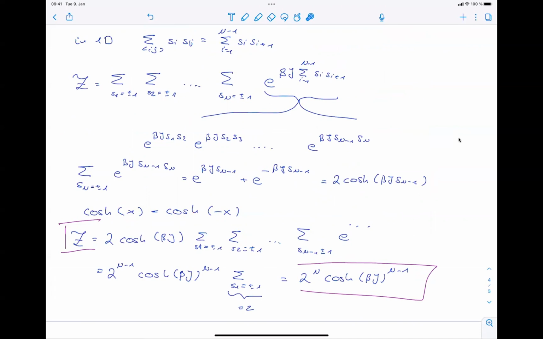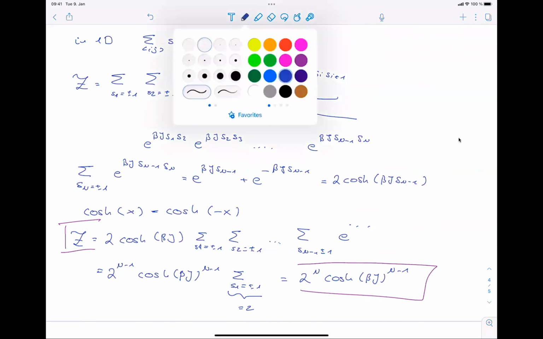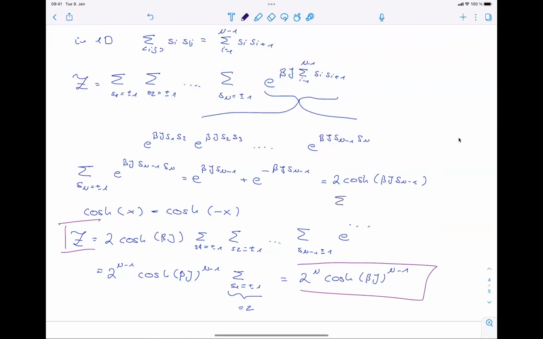This is true because the hyperbolic cosine is a symmetric function over the origin. If you want, a line that's missing would be writing down: I'm considering now Sn minus 1 equal plus minus 1, e to the beta J Sn minus 2 Sn minus 1, and in principle I still have this term here too.